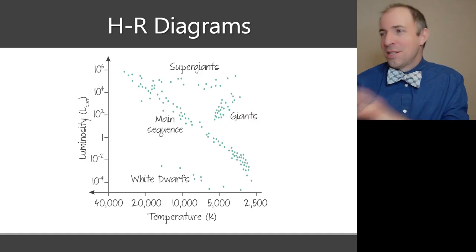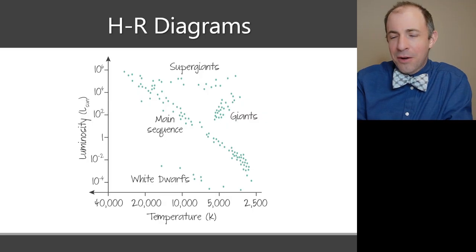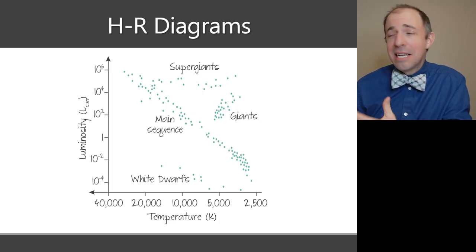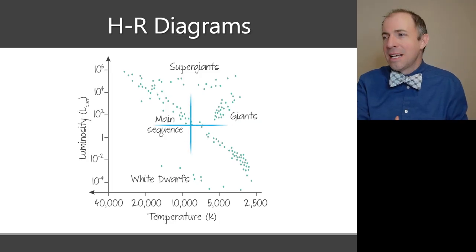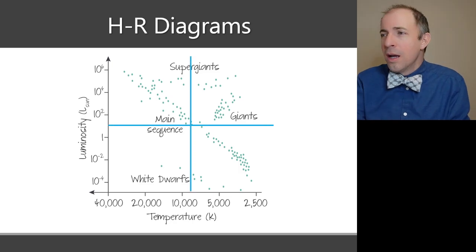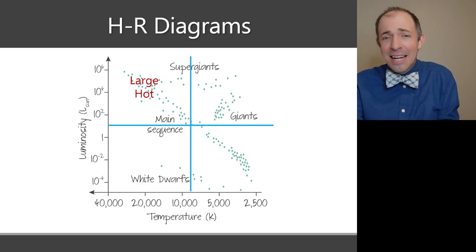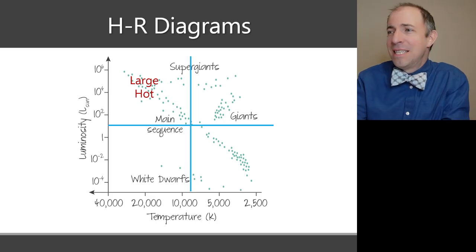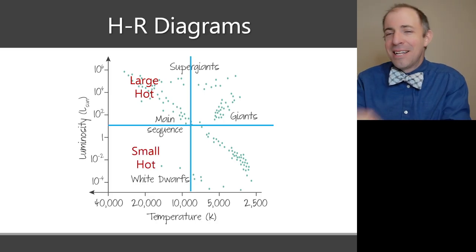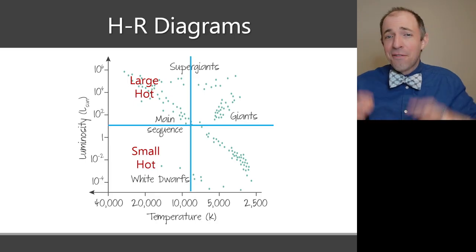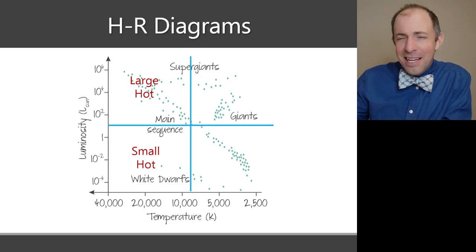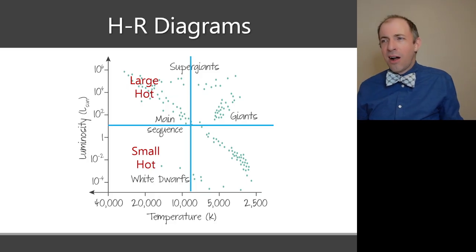So if I have just a simpler version of this diagram, a couple different ways that we can think about the stars that show up here. I like to think of it almost as quadrants, where on one side here we've got the hot stars. So up in the top left, this is our large hot, and then small hot. So kind of the vertical axis here, our y, is really talking about how large the star is.